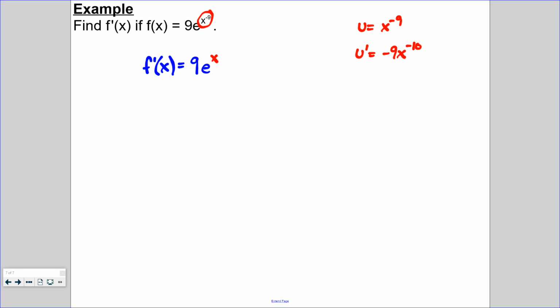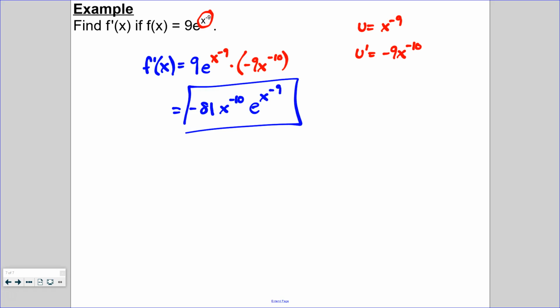Then we're going to put the inside back in, and then we're going to multiply by the derivative of the inside, which is negative 9, x to the negative 10th power. And then from here we can simplify. And we're going to have 9 times negative 9, which would be negative 81, and then times x to the negative 10th, times e raised to the x raised to the negative 9th power. And there we go. We have our derivative.